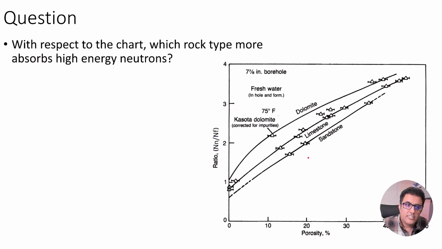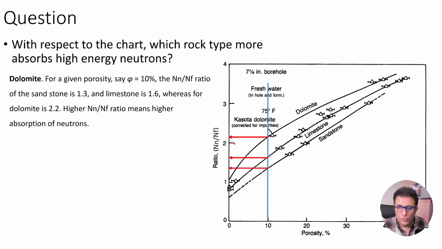Now, just let me ask you another insightful question with respect to the chart. Which rock type absorbs high energy neutrons more? So here you see we have dolomite, limestone, and sandstone. Look at these ratios. For example, assume that the porosity is 10% or 20%, and look at the different ratios that you get, then you may have some idea about which rock type absorbs neutrons better.